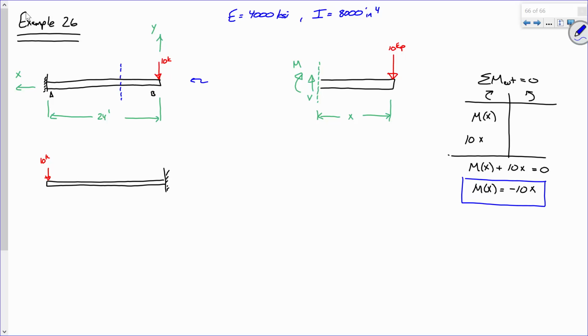Right? Now, double integration. Actually, you know what? No. Let's not do that yet. Let's do our boundary conditions. Now, how many of them are we going to need? 2.